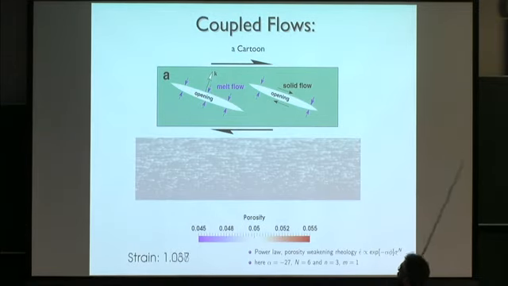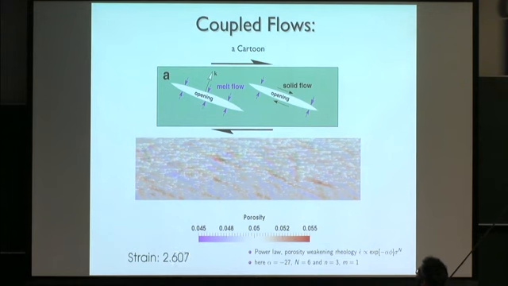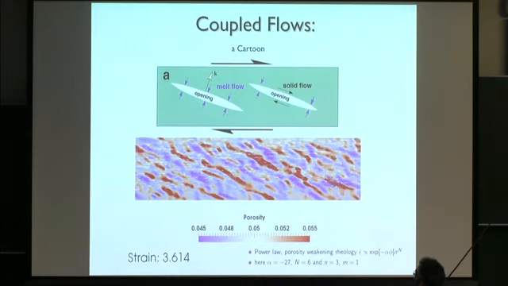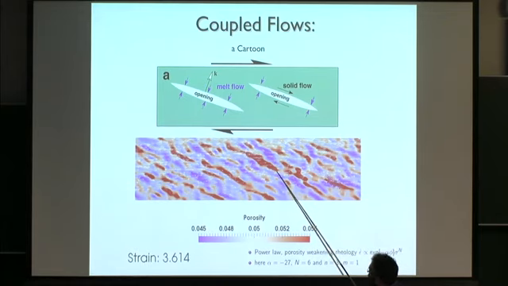Here's my little version of that. Not as pretty as what Rich did, but I just wanted a movie, so I did it myself. This is the solution of those equations, our basic McKenzie equations for this problem.